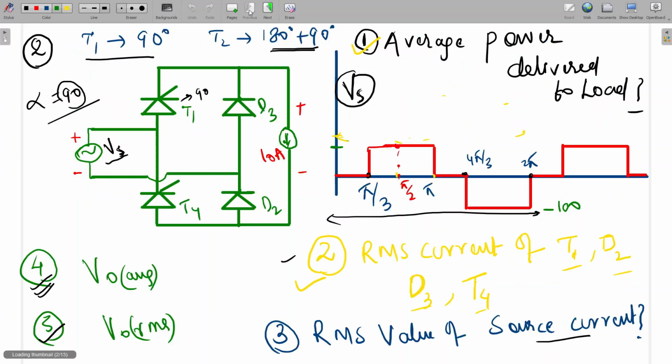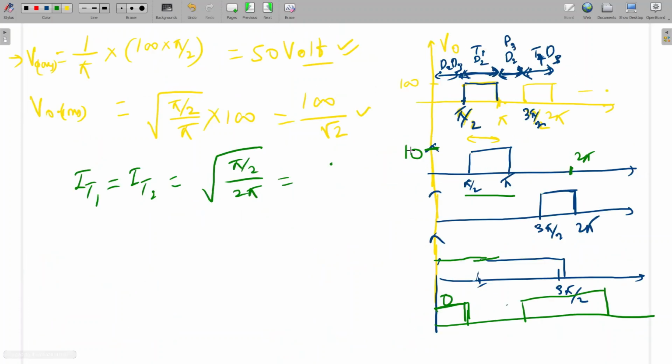This magnitude is 10, because at the output side we are supplying a 10 ampere current source. So the amplitude will be 10. So it will be 10 into root of 1 by 2... it will be 5 ampere. Is it clear? Yes, sir.